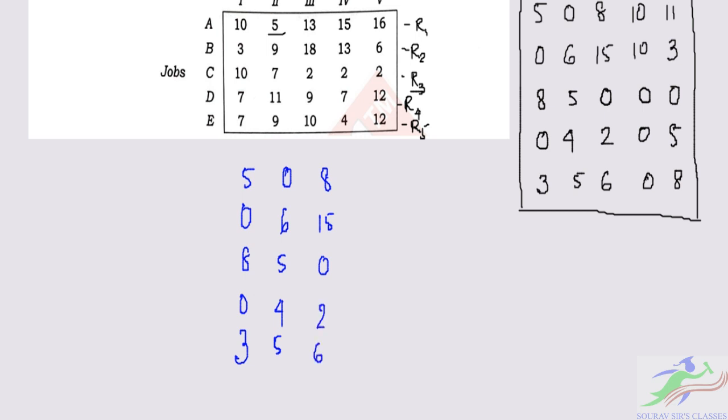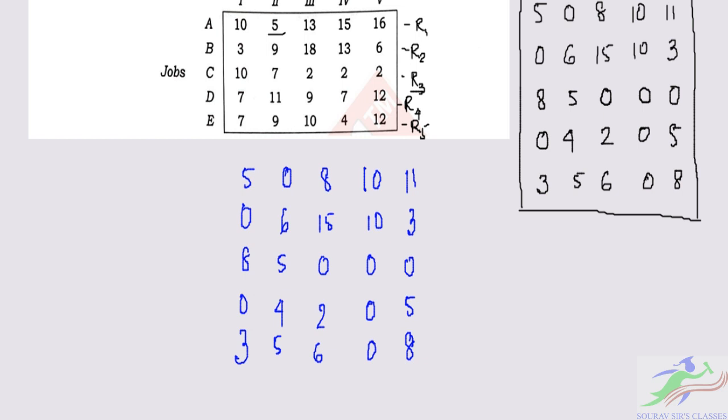Similarly for this it will be 10, 10, 0, 0, 0. And finally on the last one it is 11, 3, 0, 5, 8. So in each of these columns the zeros are the smallest element.